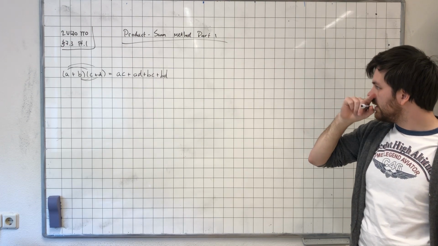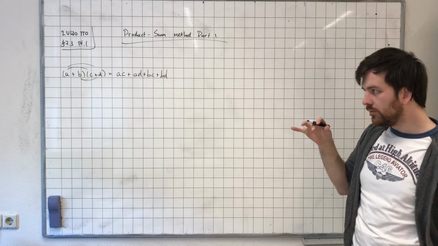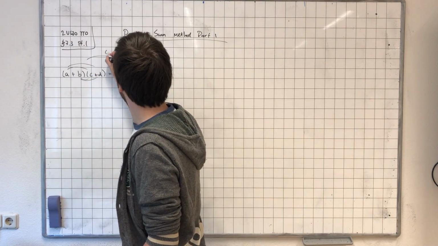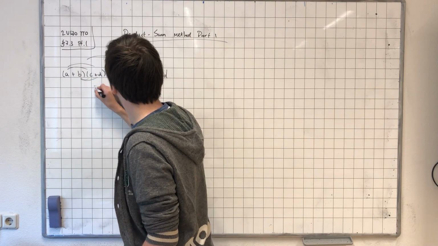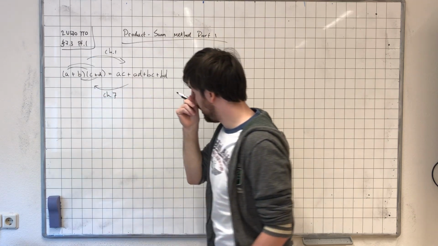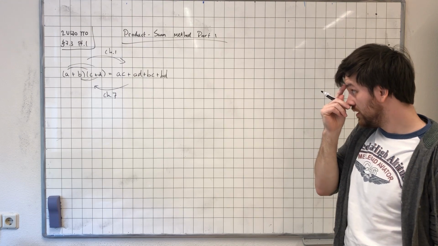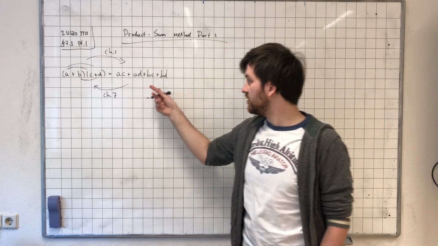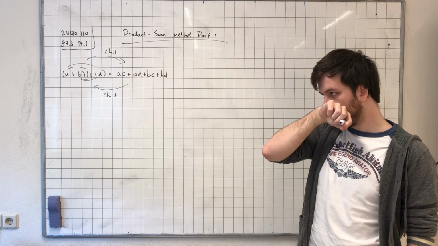This idea is something you'll see a lot, but this was basically chapter 1. Now we want to go back. But how do we have to do that? And do we always need 4 terms? Sometimes this can be simplified.